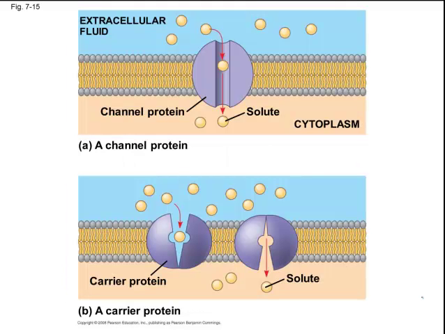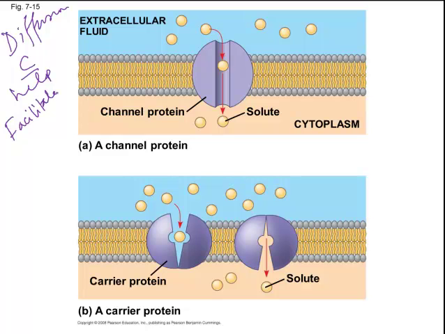Now this particular picture will talk about diffusion, but diffusion with help. What we just talked about so far is osmosis, just movement of free water, or diffusion of solutes in and out. This is diffusion with help, or facilitated diffusion.